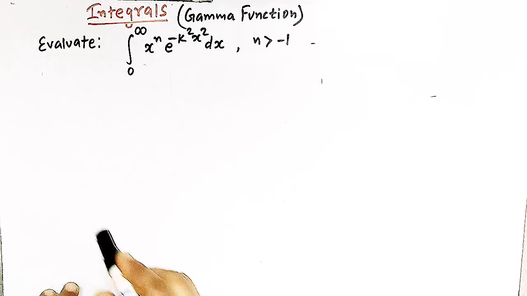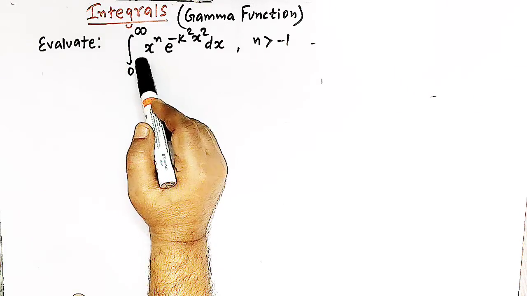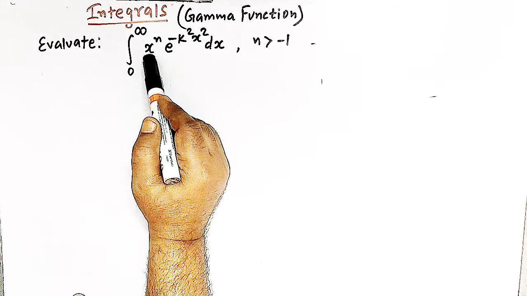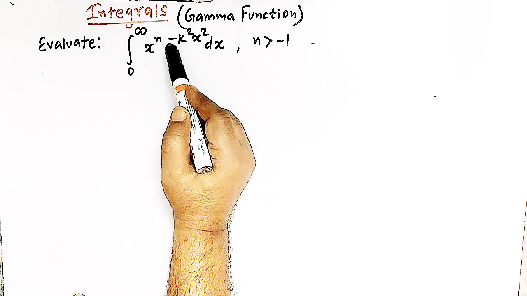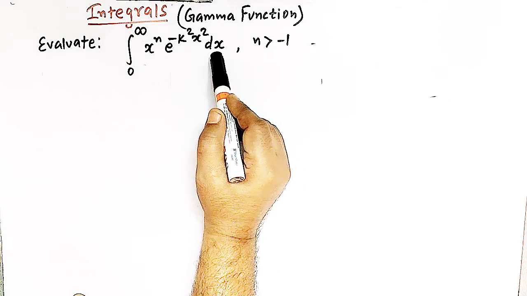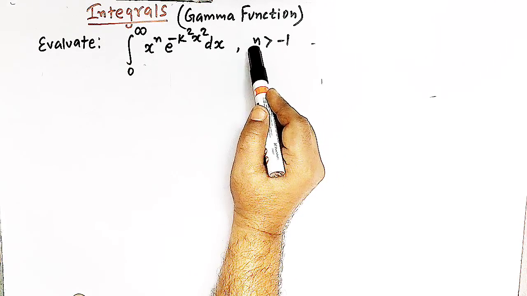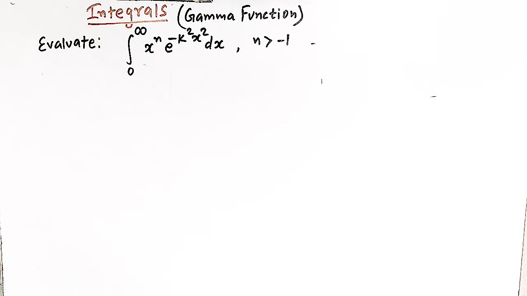So here we have to evaluate this integral from 0 to infinity, and the integrand is x raised to n e raised to minus k square x square dx, and the restriction on n is n greater than minus 1, right? So let us see how we can evaluate this integral using the concept of gamma function.